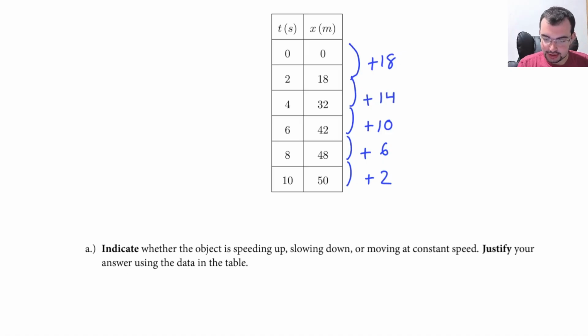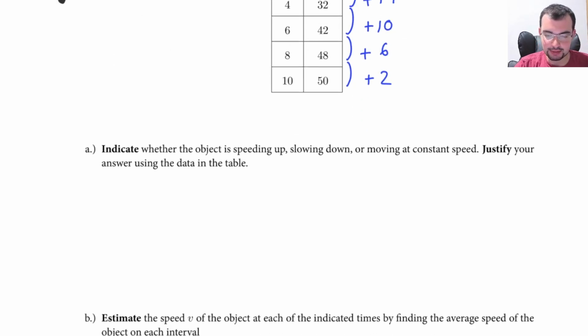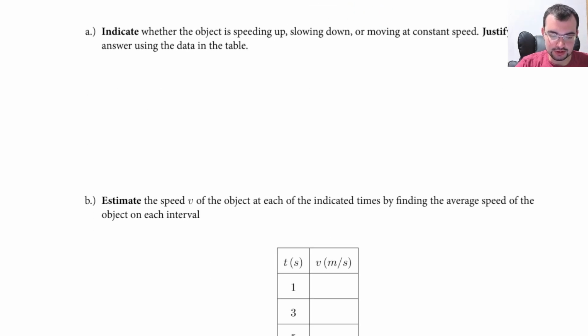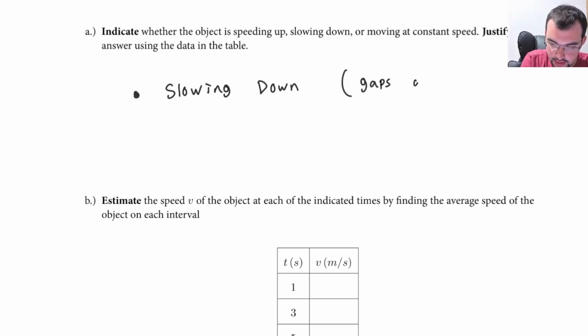Well, because this is sort of the gap length on a dot diagram, this says we'd get a dot diagram that looks like this. And this is the mirror image of the speeding up dot diagram. So of course, this is slowing down, because gaps are decreasing.